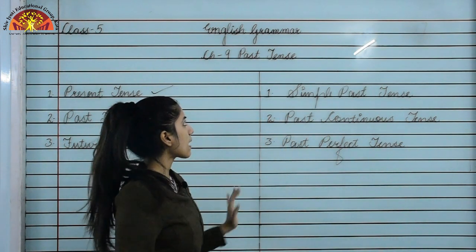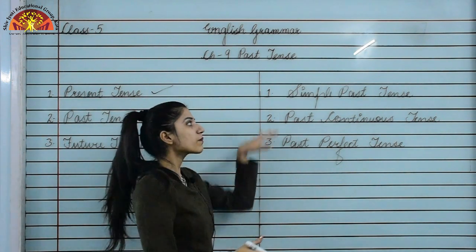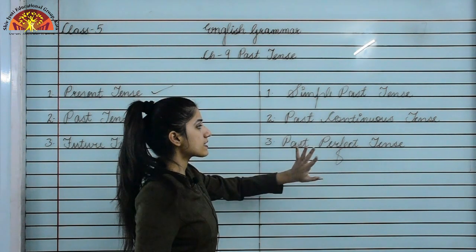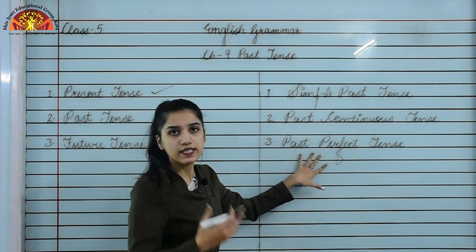In this chapter, that is chapter 9, we will be seeing about these 3 tenses: simple past tense, past continuous tense and past perfect tense.